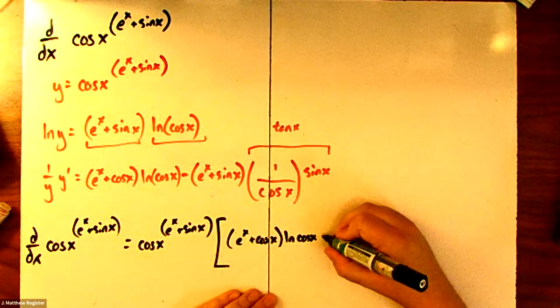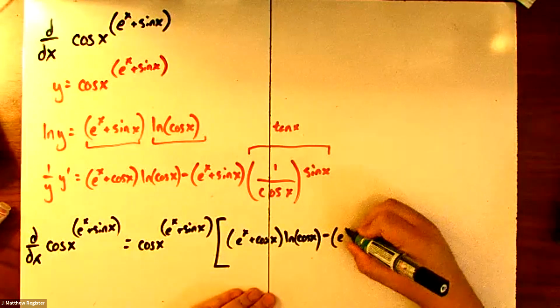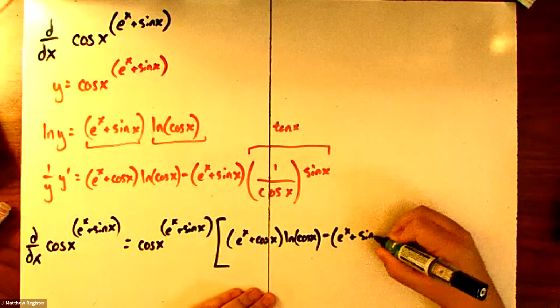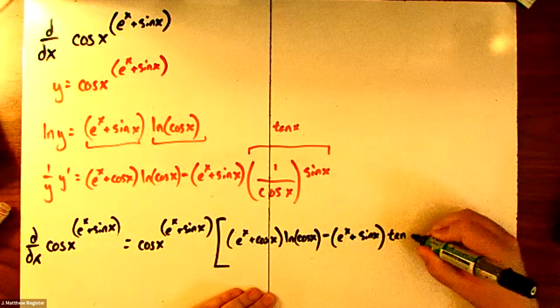And then that is going to be minus e to the x plus sine of x times tangent of x.